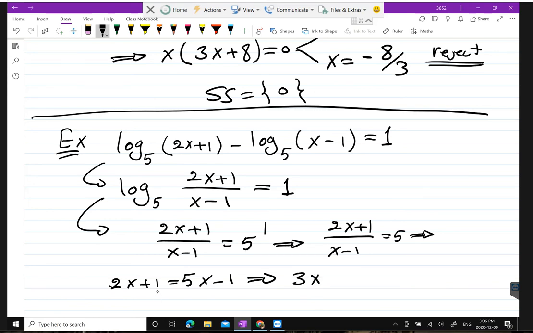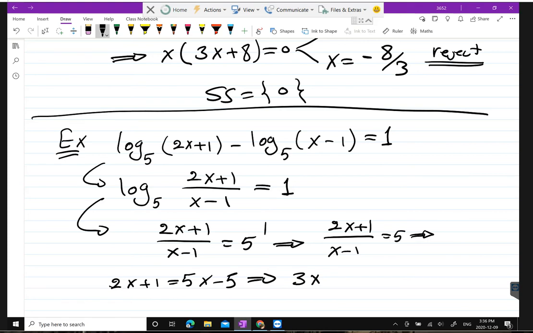Let me check: (2x plus 1) over (x minus 1) is equal to 1, everything is fine, (2x plus 1) over (x minus 1) base 5 is 1. Okay, here I think it is 5.